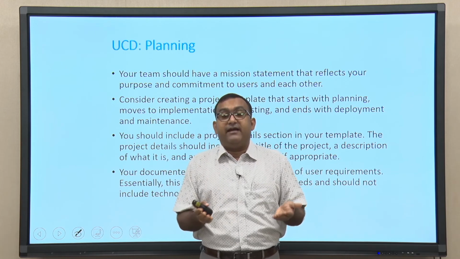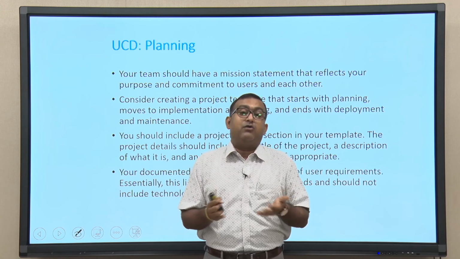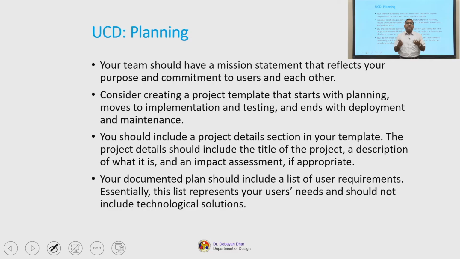If you are not aware as a design team about the impact that your ideas and decisions can have on the project, you will not be able to take informed decisions. Your documented plan should include a list of user requirements. Essentially, this list represents your users' needs and should not include technological solutions.